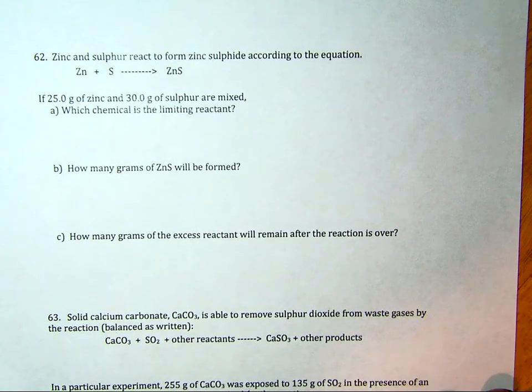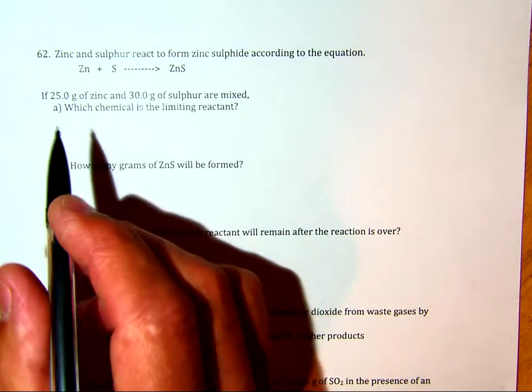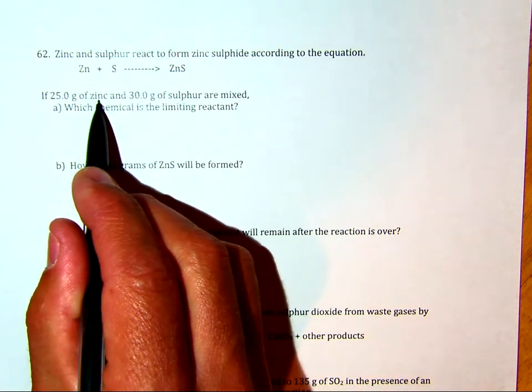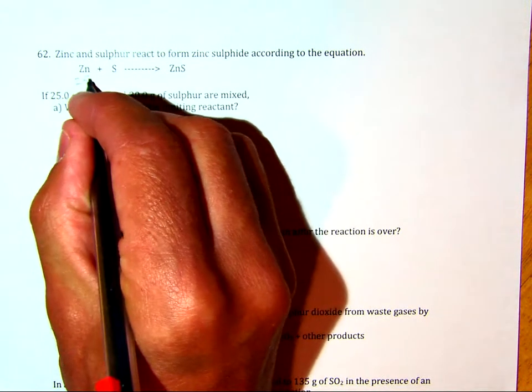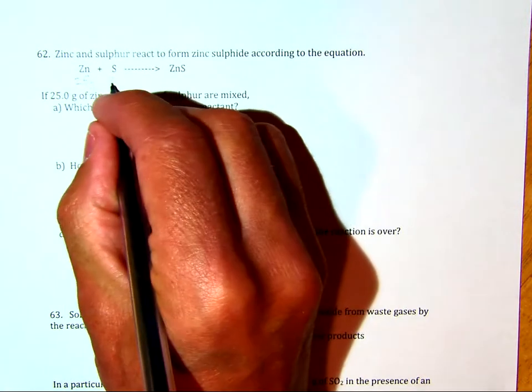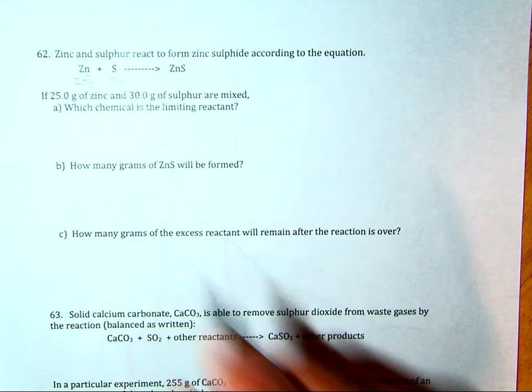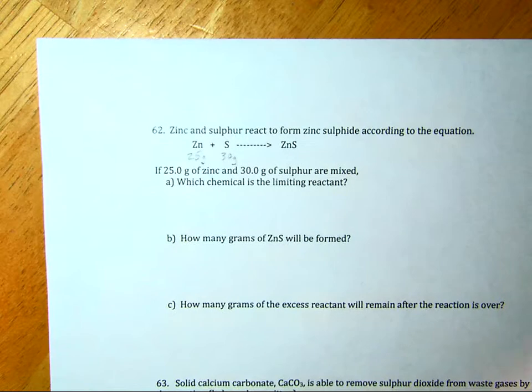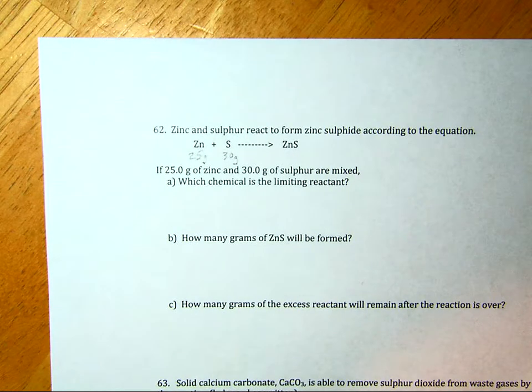Let's go to the problem here. If 25 grams of zinc, so we've got 25 grams of it, and 30 grams of sulfur, so those are my numbers, 25 grams of zinc and 30 grams of sulfur, are mixed.